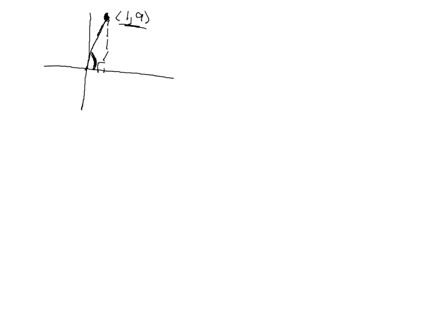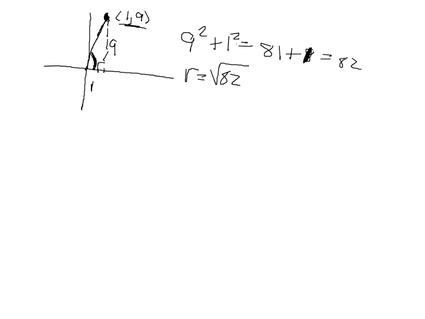Okay, so this is the y part, so it's 9. This is the x part, so it's 1. And so we get 9 squared plus 1 squared equals 82. And we take the square root of that. That's our R, or H.